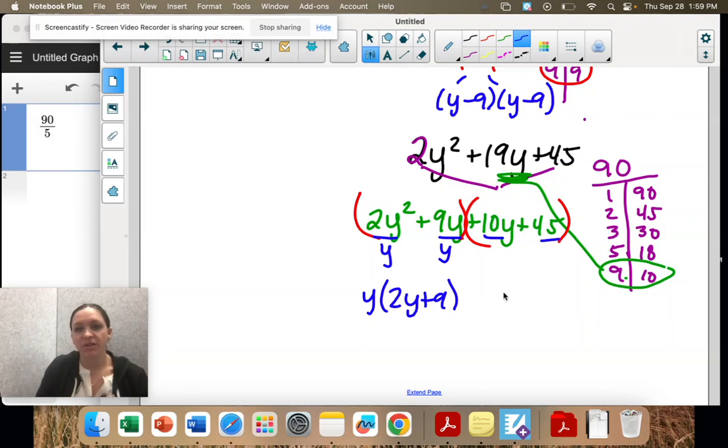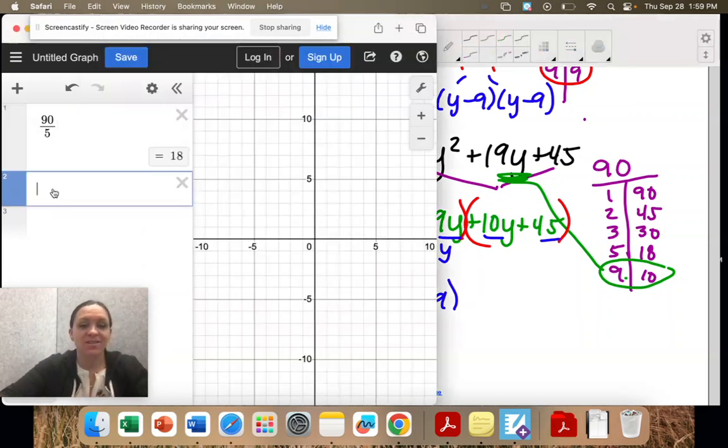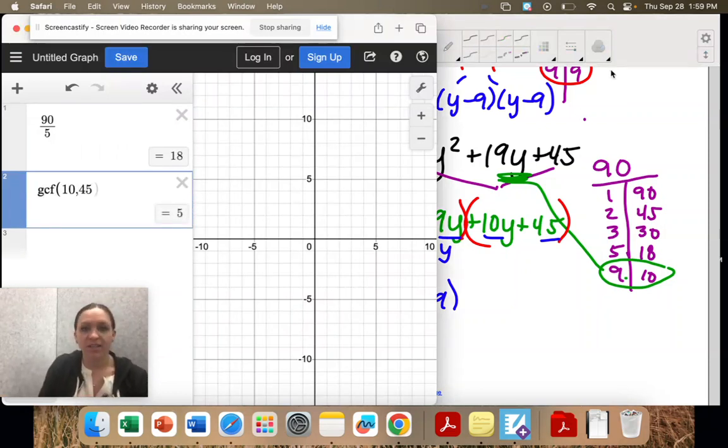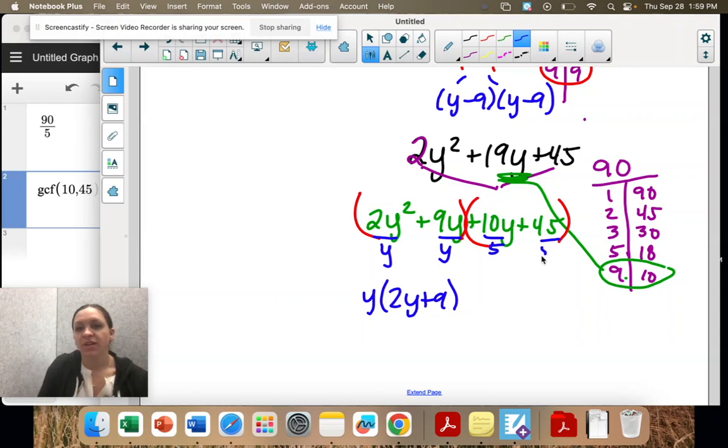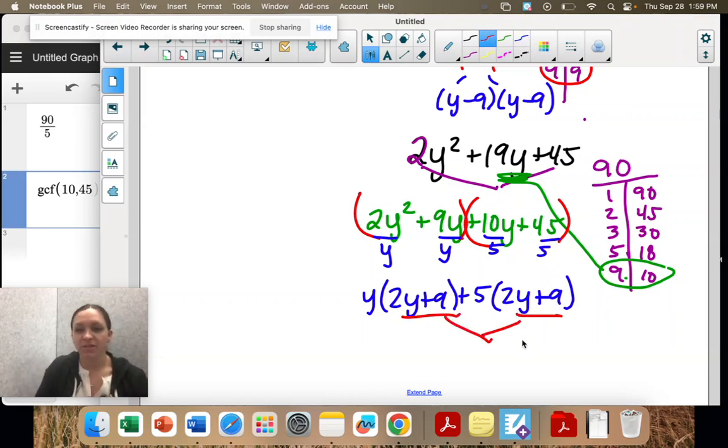Okay, 10 and 45. Greatest common factor. Again, totally use this if you need it. Greatest common factor is 5. They both divide by 5. I'm left with 2y plus 9 because these have to be the same. So that's my first factor, 2y plus 9.